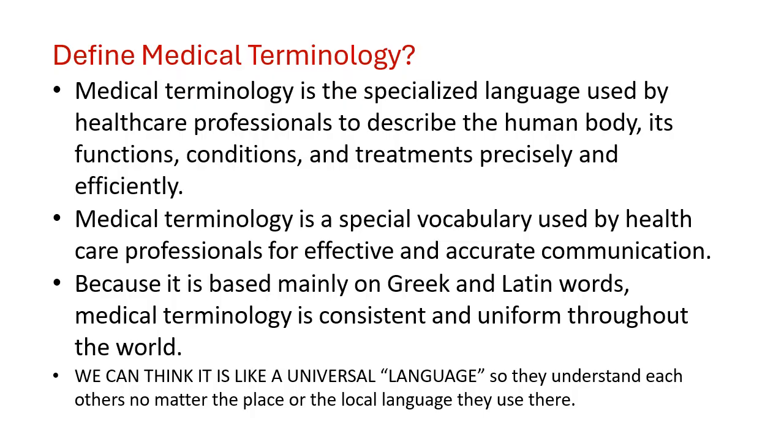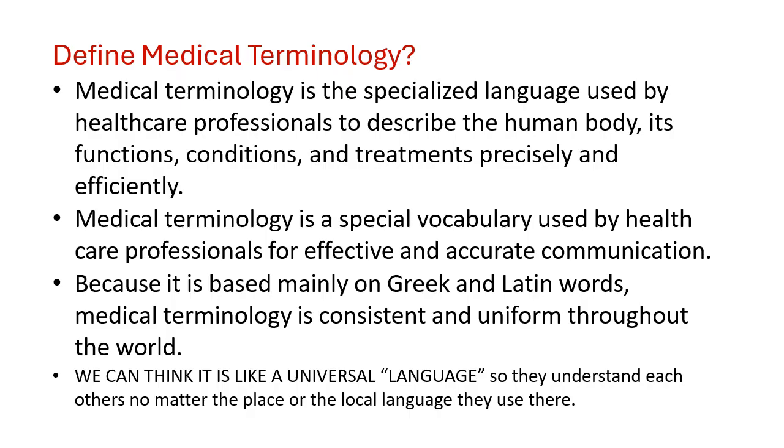Medical terminology is the specialized language used by healthcare professionals to describe human body function, conditions, including disease, syndromes, or any conditions like trauma or difficult intubation, like in anesthesia or muscle relaxation, anything, and treatment precisely and efficiently.